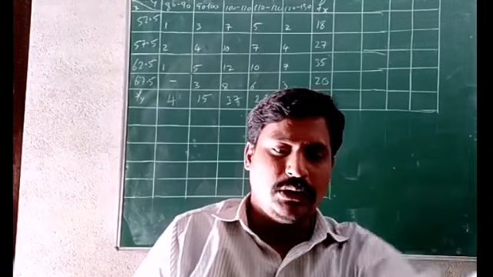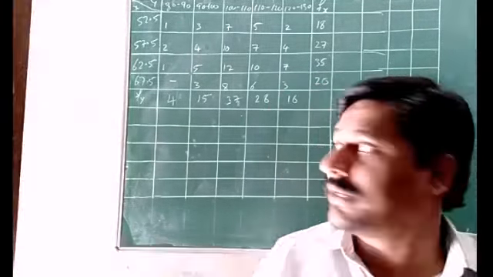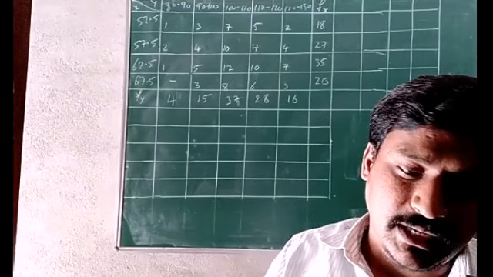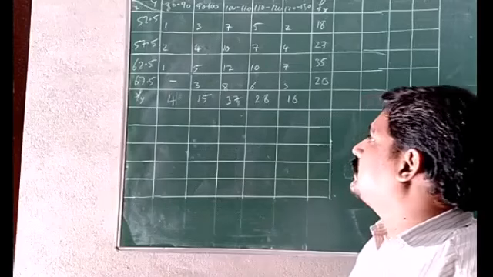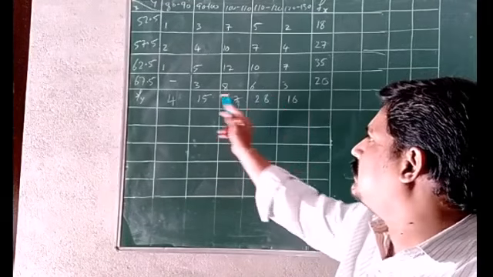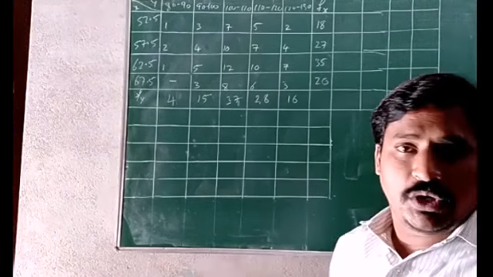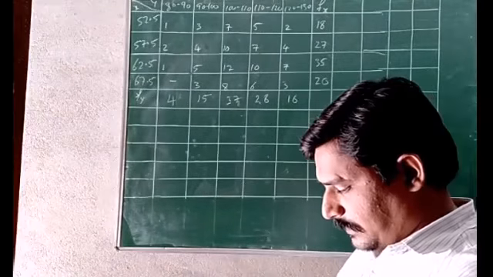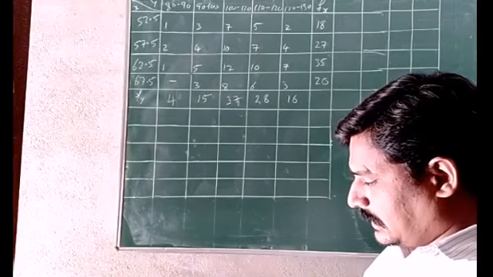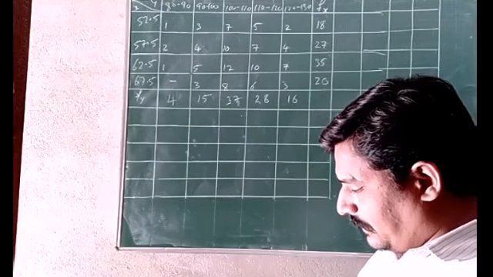Now the total on both sides must be equal. Let us check. 16 plus 4, 20, 20 plus 28, 48, plus 37, 85, plus 15, 100.